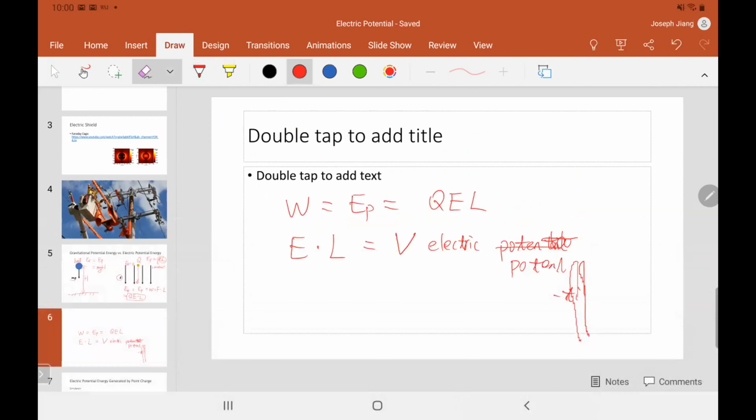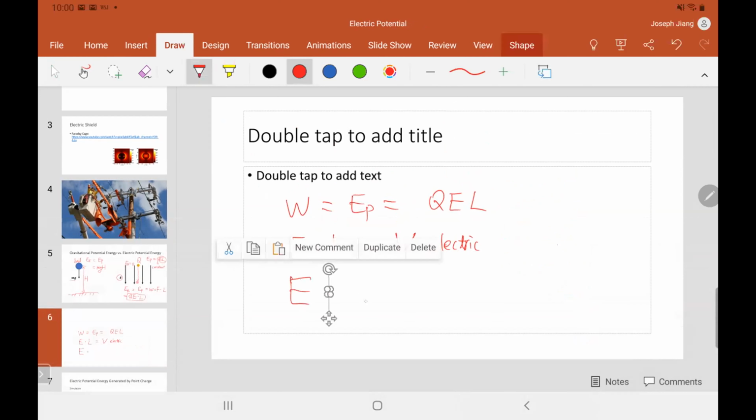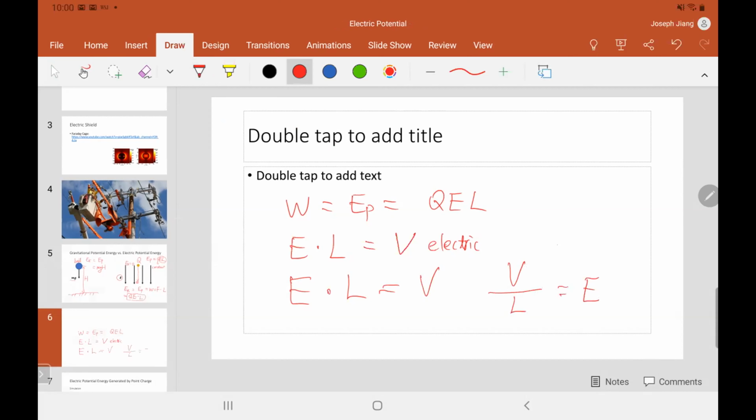Okay, anyway, electric potential. Okay, so if we know the electric field, we just need to multiply by the distance, then we will get the potential. Or we use the potential divided by the distance, we will get the electric field. Okay, so if we ask you to calculate the electric potential energy, then we will have electric potential times the charge.